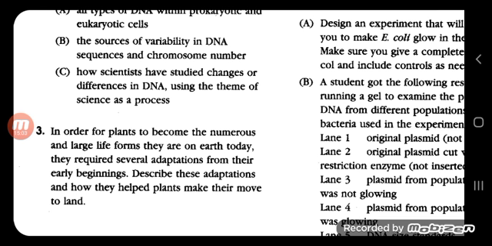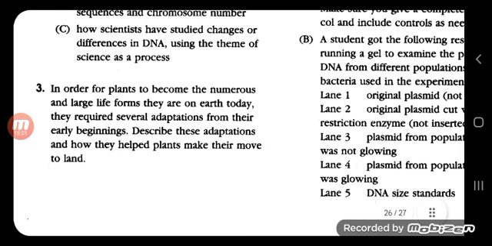This way, they can determine gene location. It's used for DNA fingerprinting. They can do gene mapping. They can find out, for cystic fibrosis for example, whether we have cystic fibrosis on the genes or not. They can do probing.